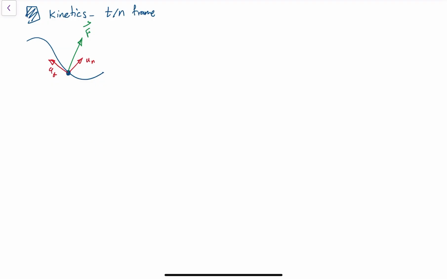So just to refresh your memories, we have two axes, one tangent to the path, another one normal to the path toward the center of curvature of the path.